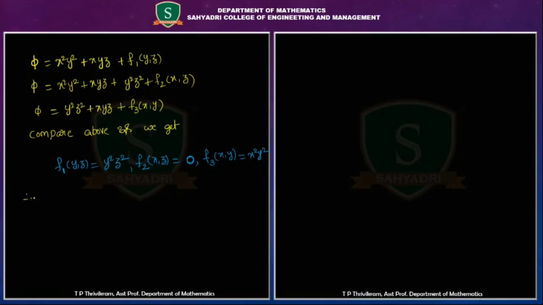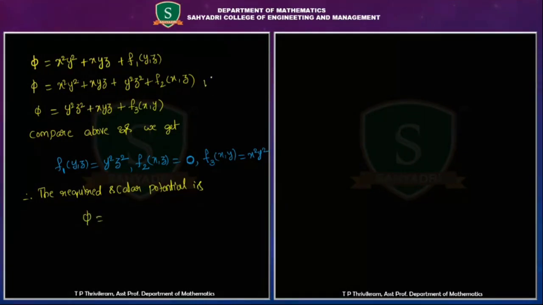So therefore, the required scalar potential is phi is equal to, the suitable equation is the second one, because f2 is 0. So this much will be the final equation: x square y square plus xyz plus y square z square.